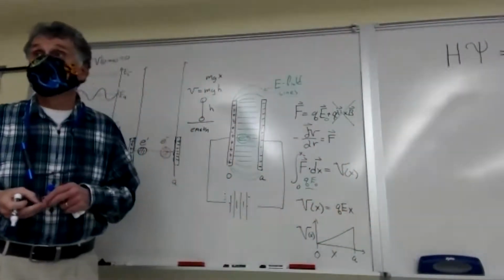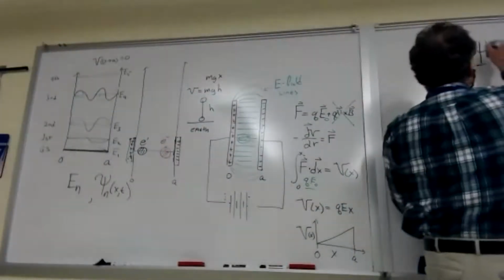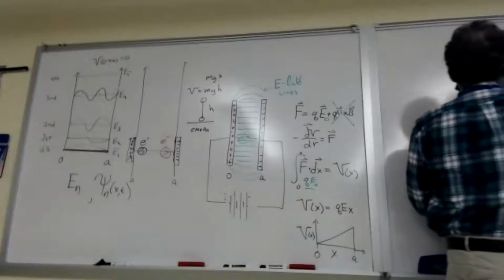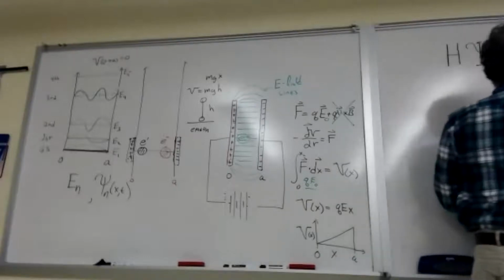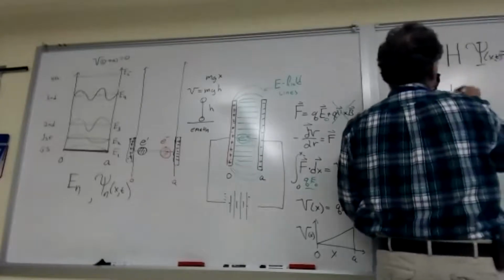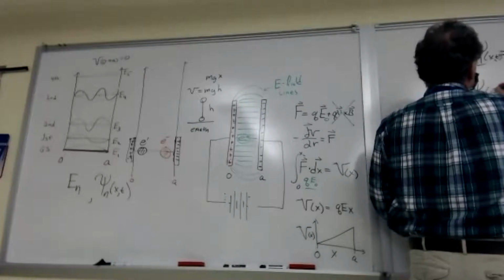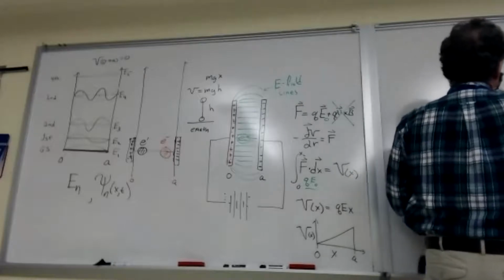No, so that means it's separable. We'll be able to pull the time piece out of this. This is x and t. So we really only have to solve this thing, and the time part's going to go out.